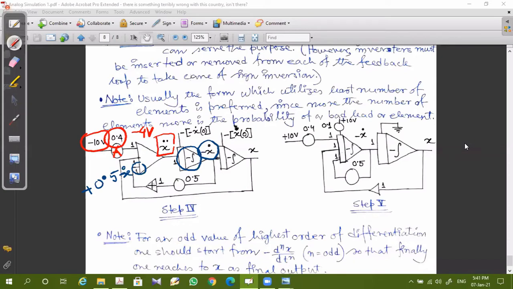So it has to be multiplied by this inverter. So minus, this will be plus. So at the output of this inverter, it will be minus. So it will conform to the equation. I'll just put the equation over here.